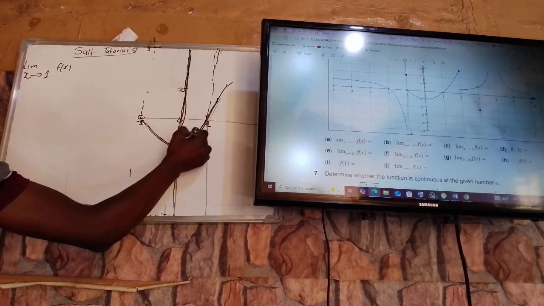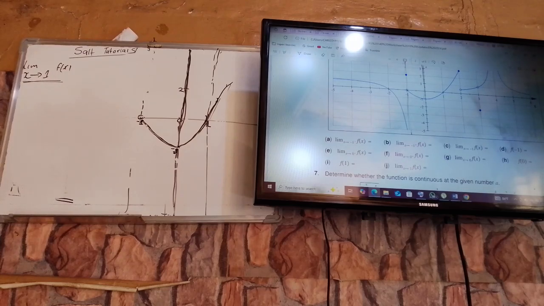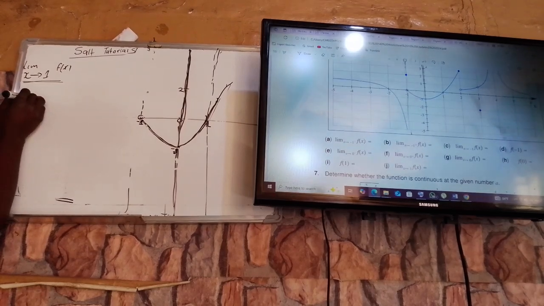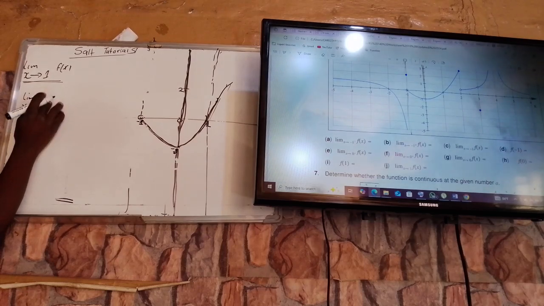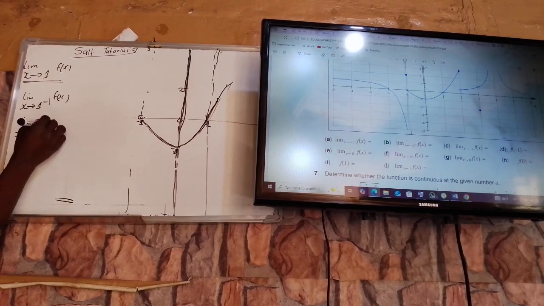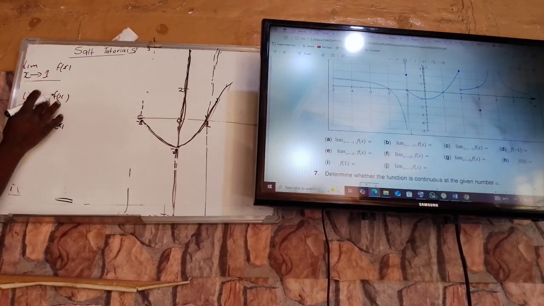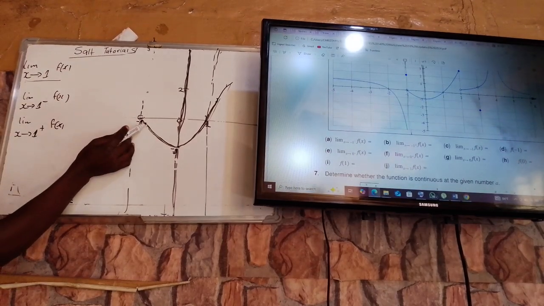The left direction and the right direction should exist for me to find the limit as x approaches 1. So for the general limit to exist, I need to find the limit from the left direction and the limit from the right direction.